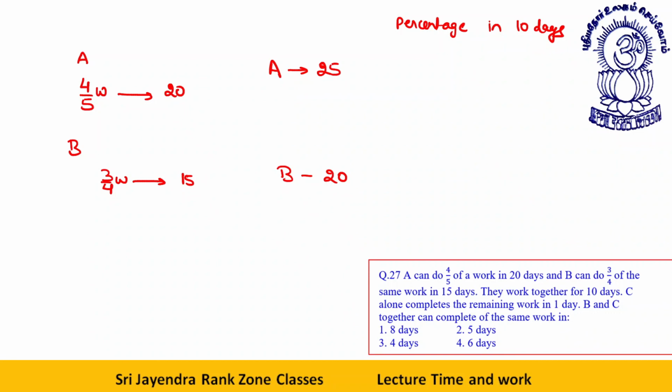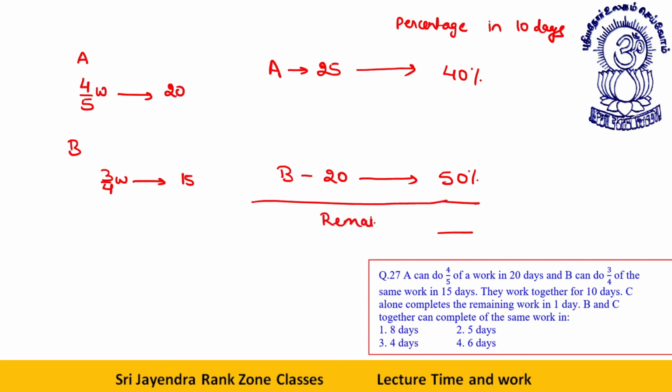Okay, dear students. See, in 20 days, B completes a work. In 10 days, he will do 50%. A, in 25 days, does 100% work. 5 days, it will be 20%. So 10 days, it will be 40%. Remaining work is how much? 10%.